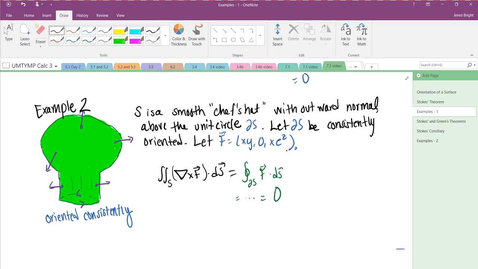Okay, so as you can tell, this seems very similar to what we did with Green's theorem. We looked at a line integral over the boundary and compared that to the area, right? So now we're talking about kind of the same things, just different dimensions. So in the next video, we're going to compare the two and go on from there.